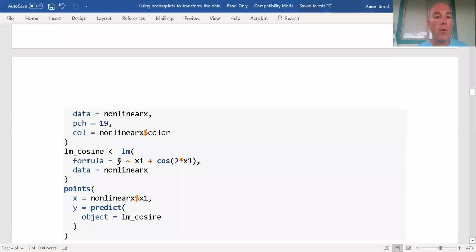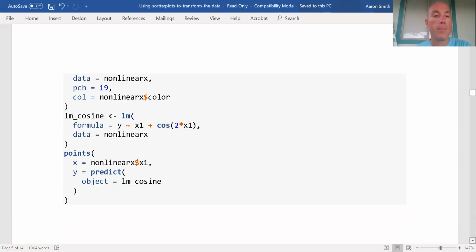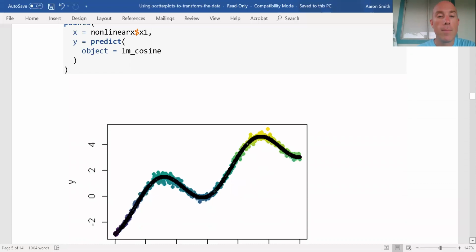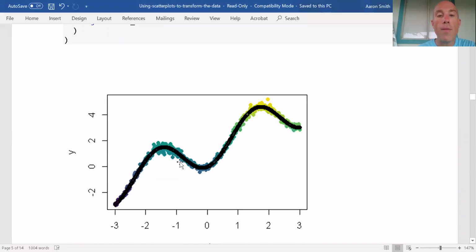I see that there's kind of an overall increasing aspect to that scatter plot, so I have the degree 1 term, and I'm going to try to have cosine of 2x in my model. Let's see if that fits very well. And we can see from the dark line that it fits the data points very, very well.